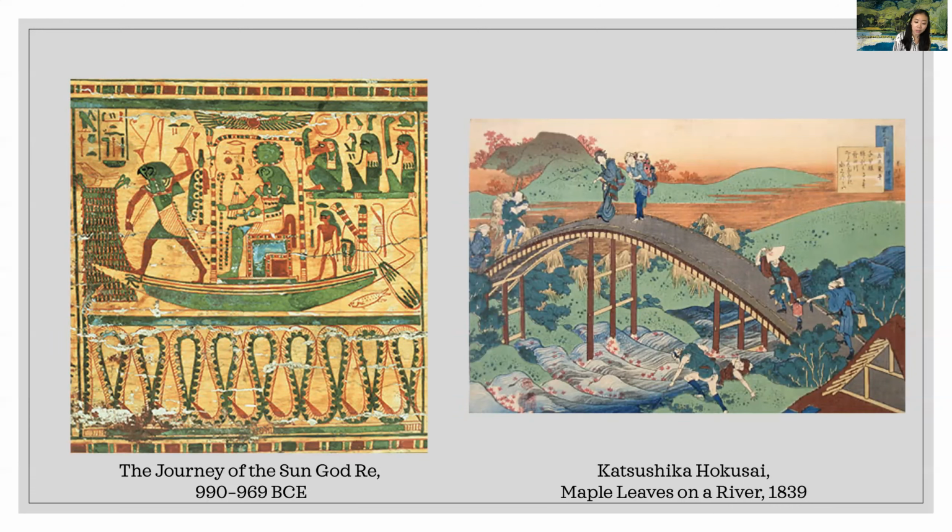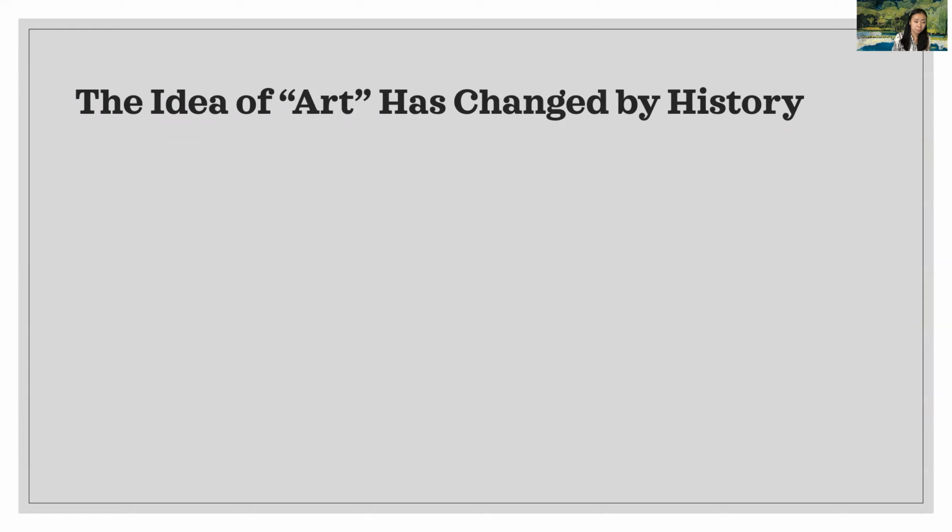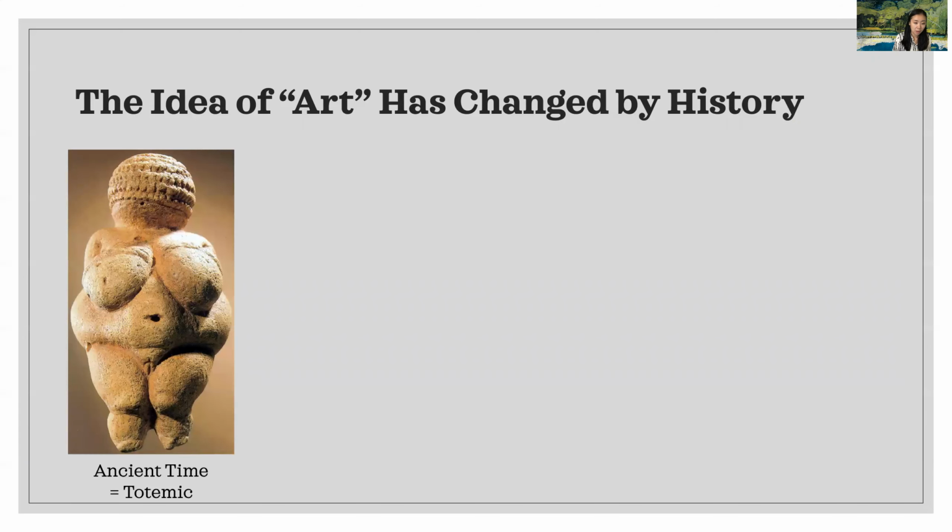So now we're going to see how art changes in art history. Like you can see in the title, the idea of art has changed by history. In ancient times, art is totemic sculpture or painting.